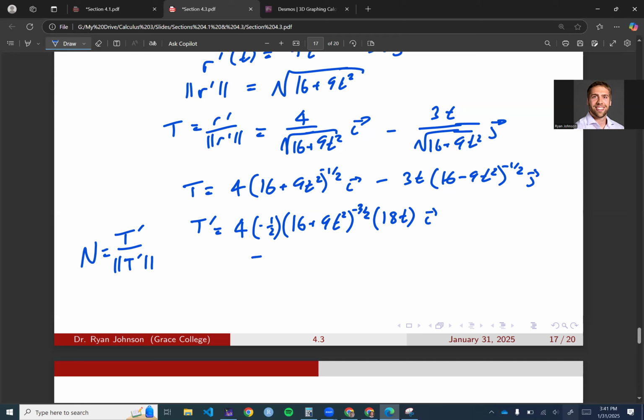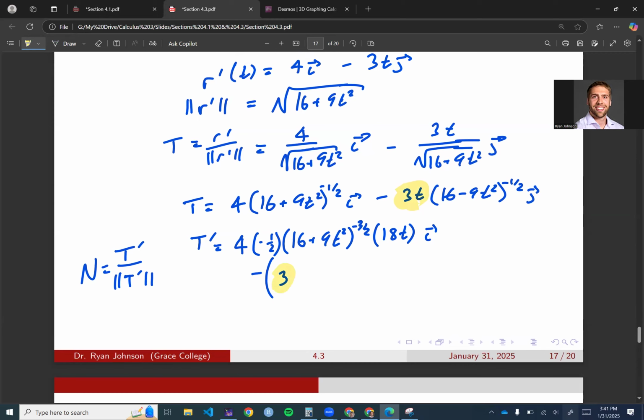So minus, for this one, we need to do the product rule. We're doing the j term, so the derivative of 3t is just 3, and then times (16 plus 9t squared) to the negative 1/2.